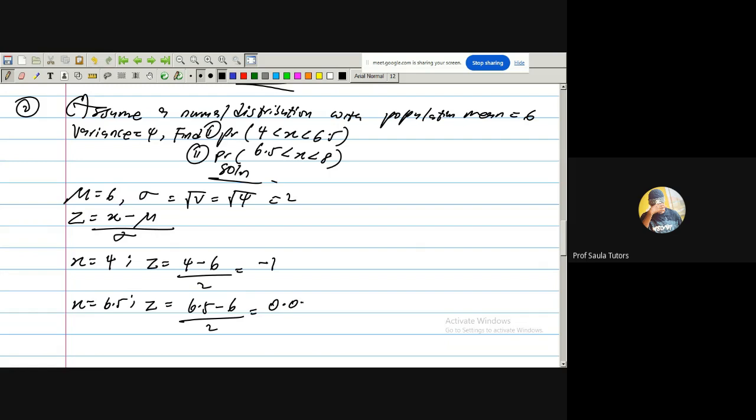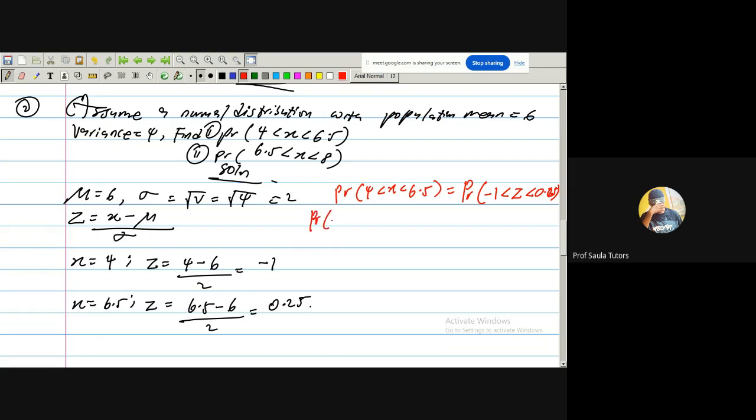That goes 0.25, yes. So it means that if you are asked to find the probability that 4 is less than x less than 6.5, it's the same thing as the probability of minus 1 less than z less than 0.25. Good. Now let's go.